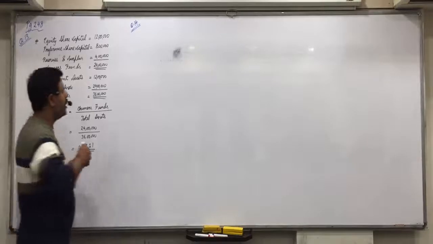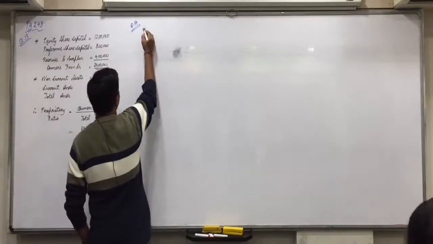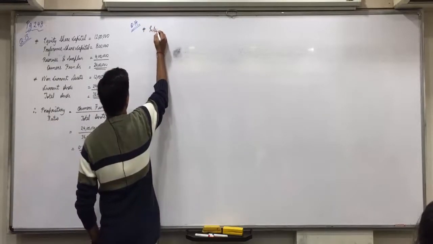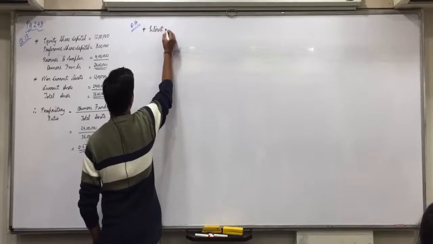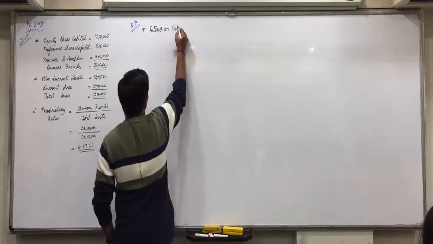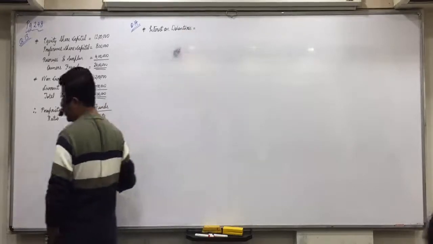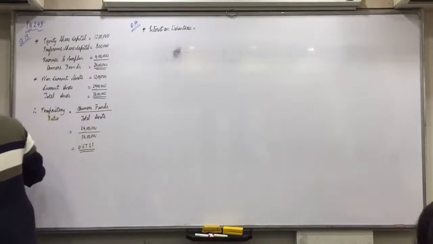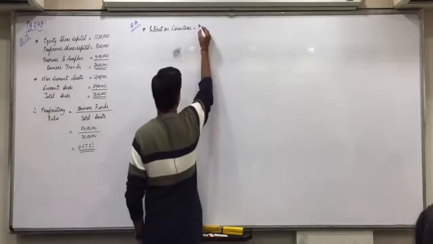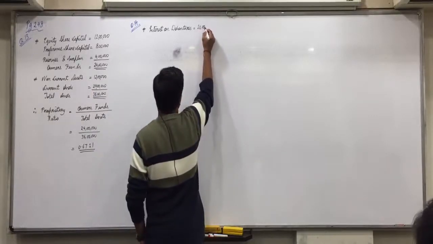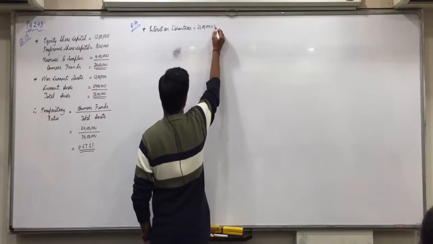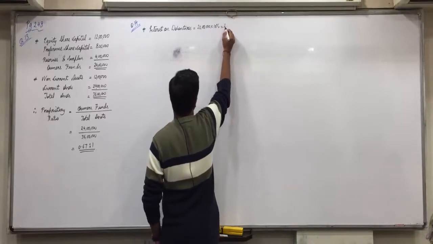Okay? Here down. Interest on debentures is equal to 20 lakhs into 10%, is equal to 2 lakhs.